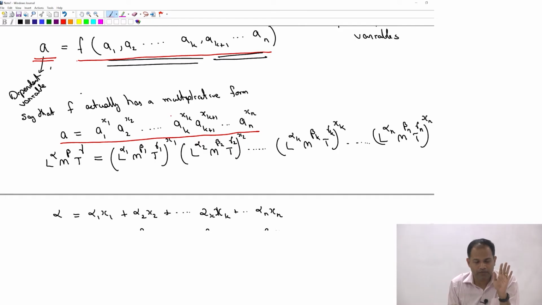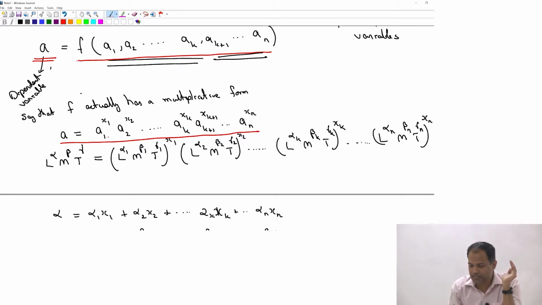If I have 5 variables and 3 dimensions, 2 of them I will independently select, which will fix the powers of the other 3. So that means we can select some of them independently and some of them will take fixed values.